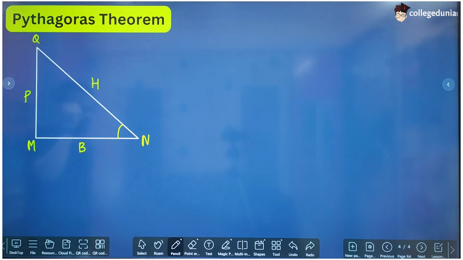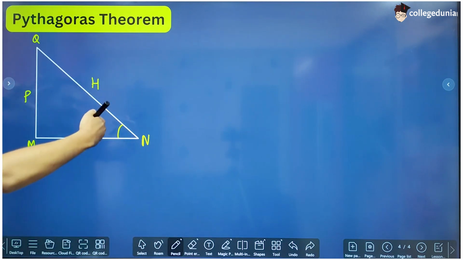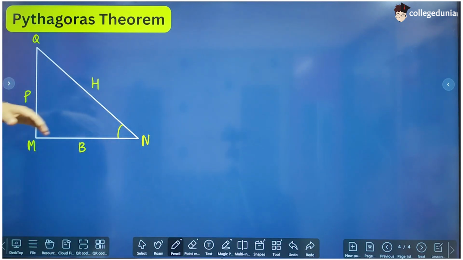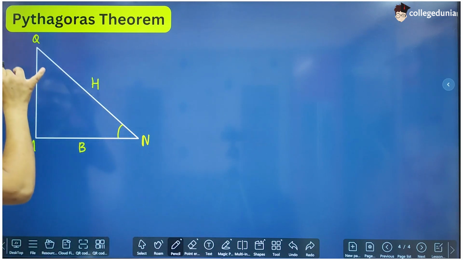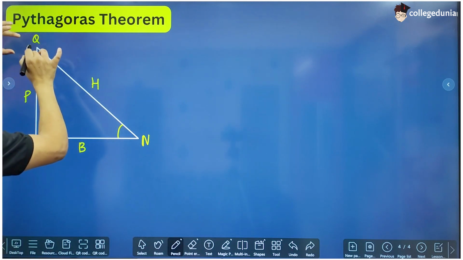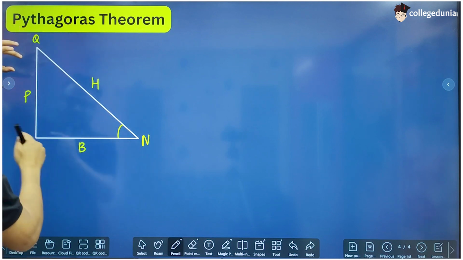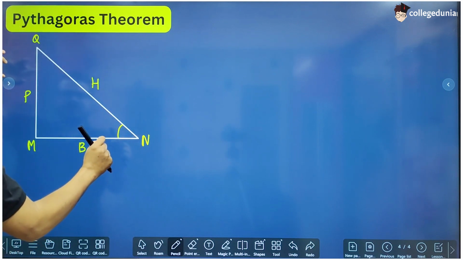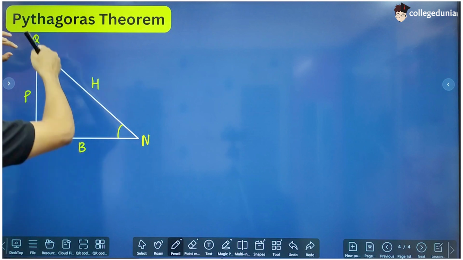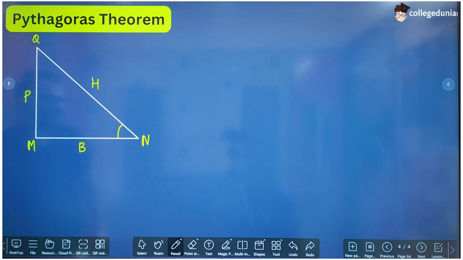With respect to this angle N, the opposite side is perpendicular and the side adjacent to this angle is called base. And with respect to this angle Q, the side opposite to Q, that is side MN, will be perpendicular, and adjacent side QM is called base.